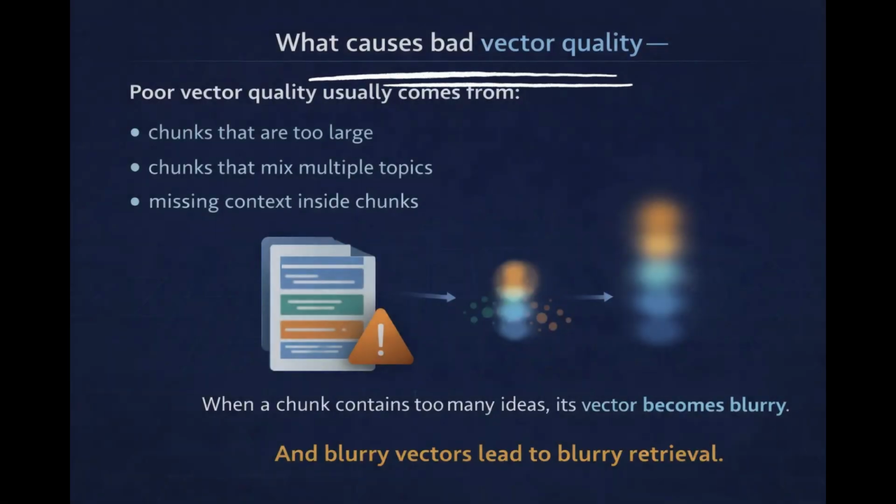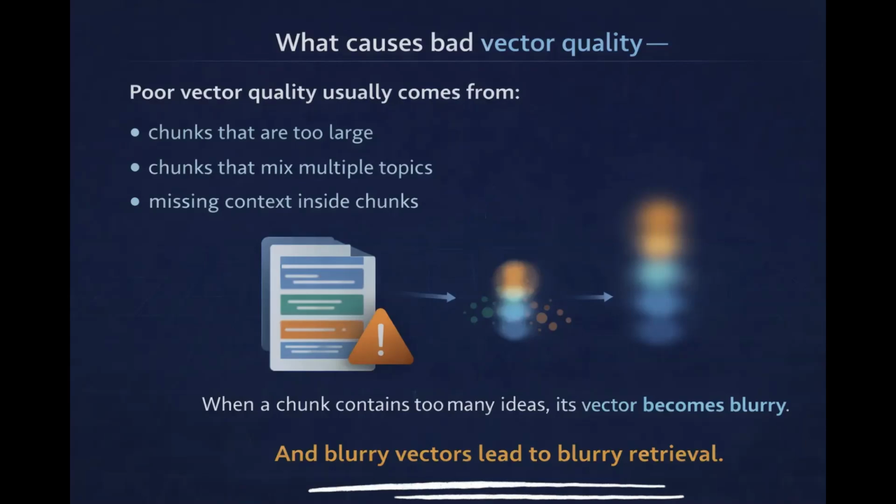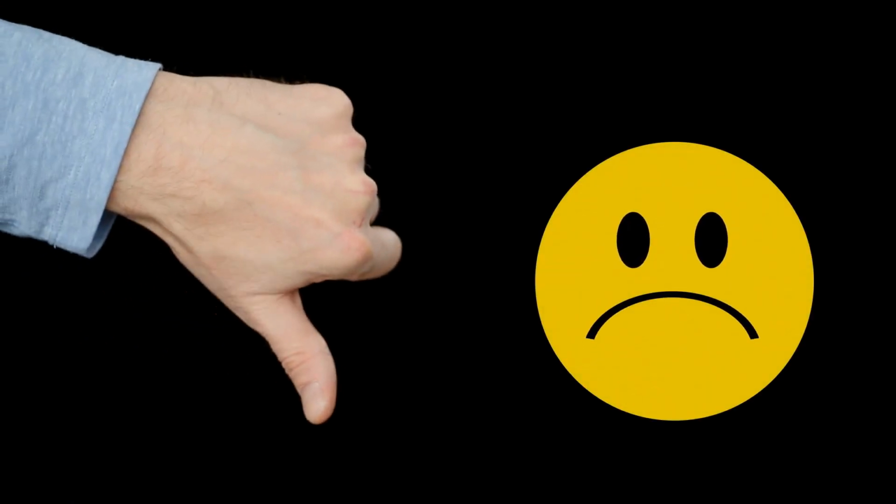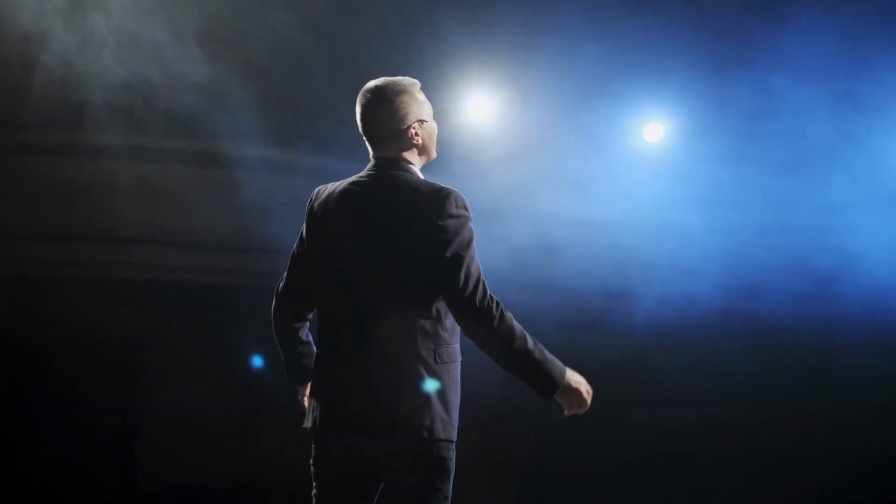Poor vector quality usually comes from chunks that are too large, chunks that mix multiple topics, missing context inside chunks. When a chunk contains too many ideas, its vector becomes blurry, and blurry vectors lead to blurry retrieval. If your vectors are bad, your AI will sound confident and still be wrong.